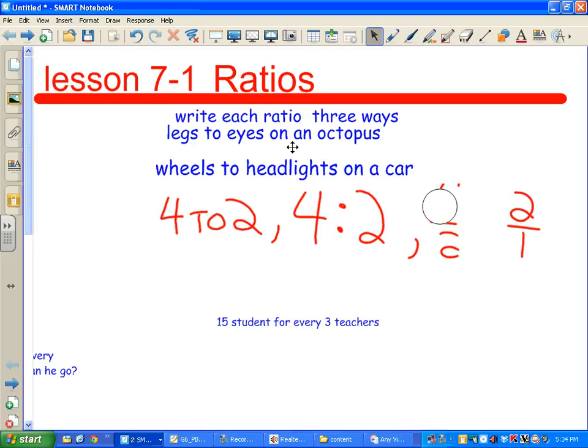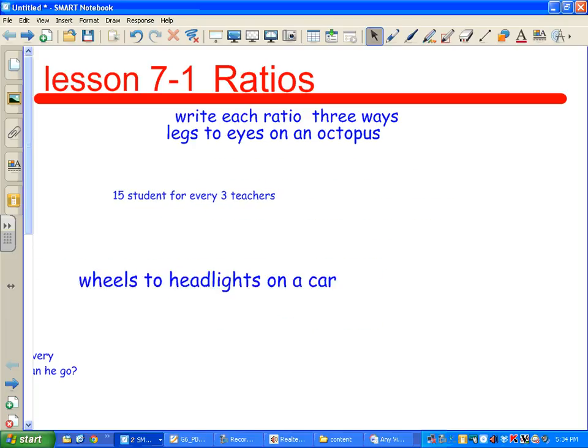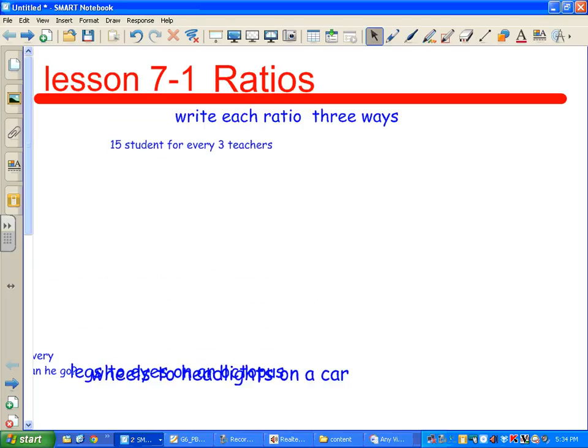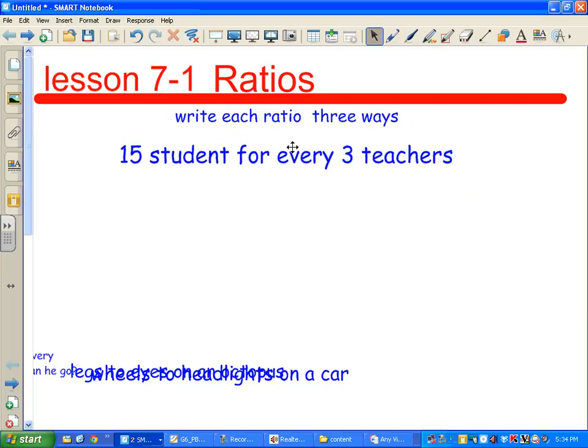My next one, my last one before we start getting into problems, is 15 students for every 3 teachers. How do I rewrite that? Well, you probably know it already. Go ahead and write them down if you know them.